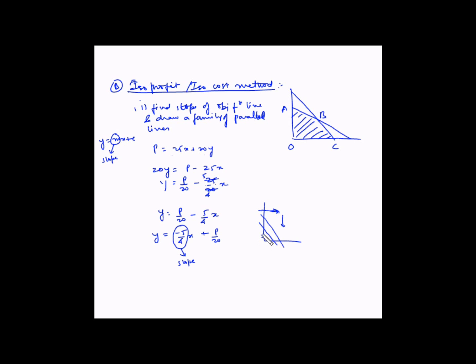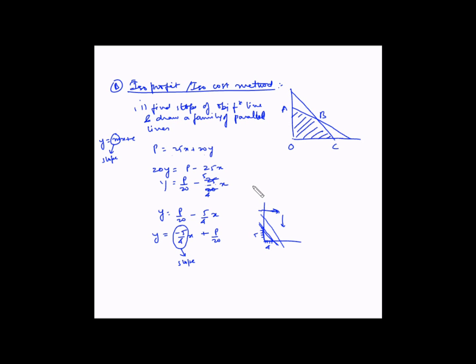So 1, 2, 3, 4, 5, and 1, 2, 3, and 4. So 4 here, 5 here. So 5 by 4, and you draw this line. So with this information, now we can draw parallel lines to each other which have the slope 5 by 4.